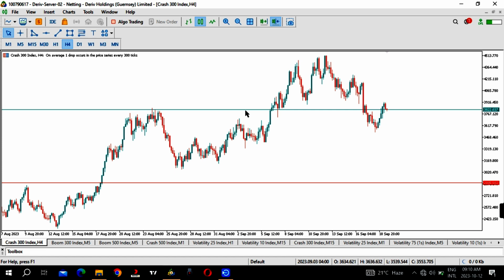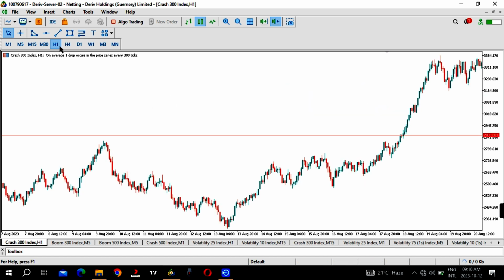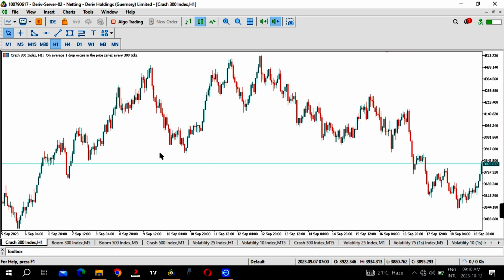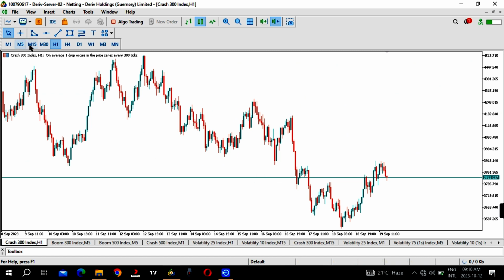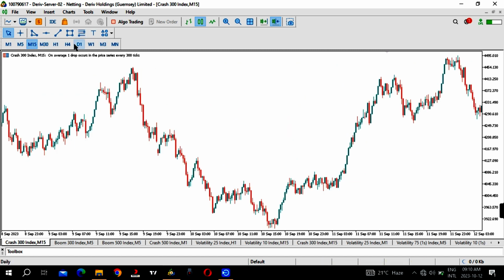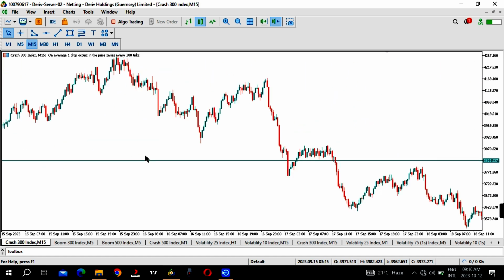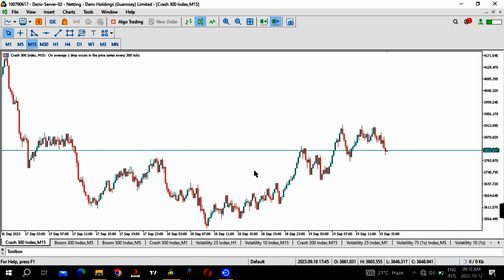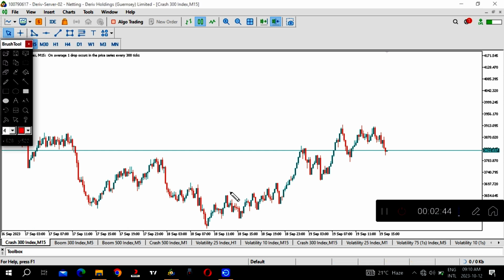So after going to the higher time frames, you shift down to the H1 to see if it's still that trend, and then drop down to the 15-minute time frame for your entries. As you can see on the 15-minute time frame, right over here, this is now an uptrend.